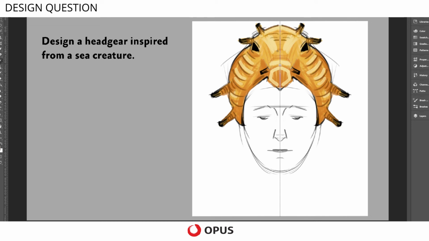In this way, you can create a design which would look very interesting to look at.